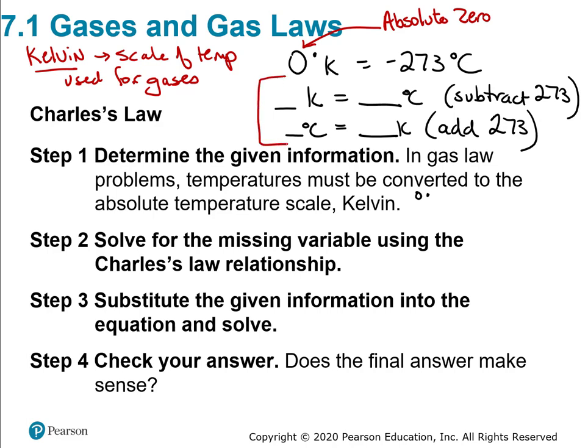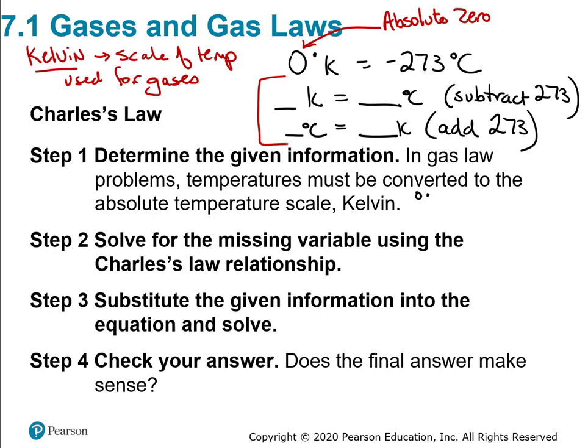If you're given Celsius and you want to find Kelvin, all you do is add 273. If you have Kelvin and you want to go back to Celsius, you just subtract 273. Each increment is the same. It's just the difference in where the 0 is. 0 Celsius and negative 273 Celsius is 0 degrees Kelvin.